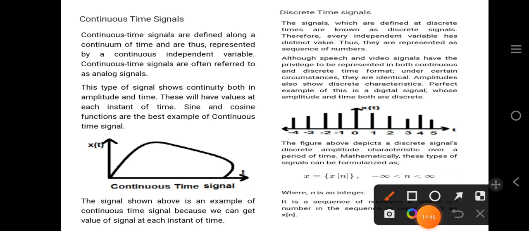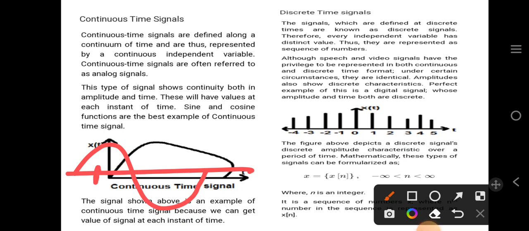If you consider this signal and you are asked about the value of this signal at this particular time, you can measure it. At any particular time you can get the value of that signal. So this is called the continuous time signal.